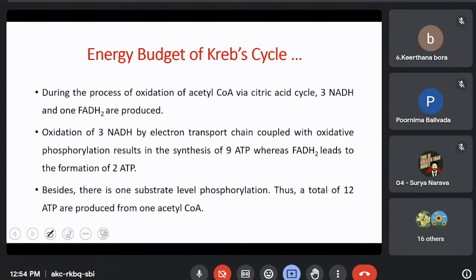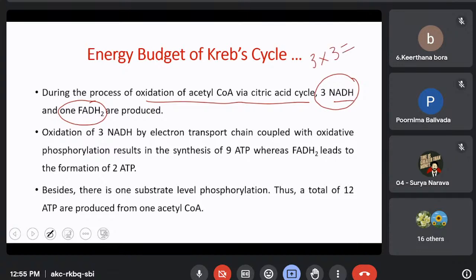So let us see how many ATP can be generated when the reduced FAD and NAD enter the electron transport chain. During the process of oxidation of acetyl-CoA by the citric acid cycle, how many are produced? 3 NADH plus H plus are produced and 1 FADH2 is produced. That means 3 into 3.